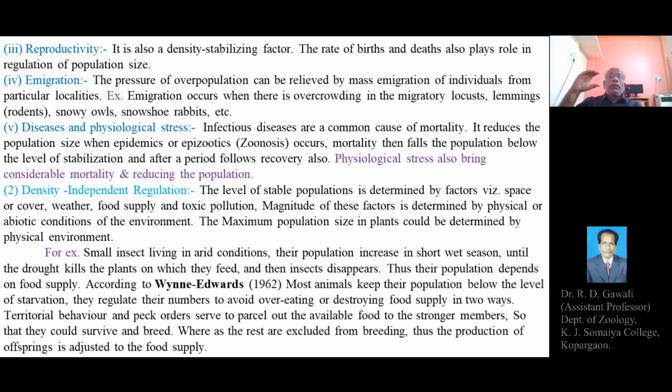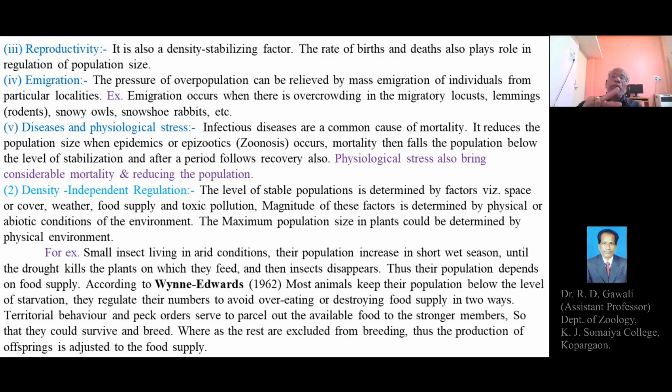We will just explain the example. If the rate of birth is more than the rate of death, what will happen? Ultimately, the number of individuals in a population or in an area will increase. And an increased rate of death or mortality will result in a decreased number of individuals in a population.